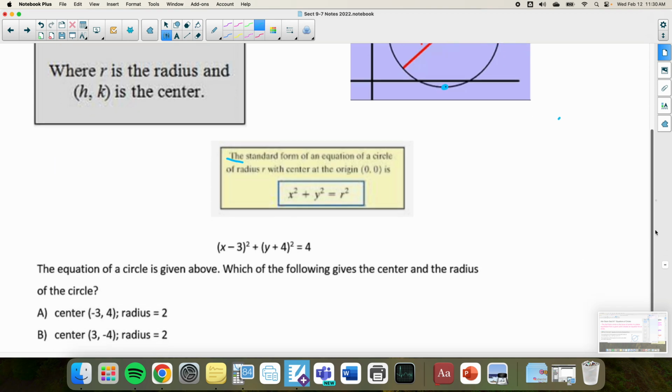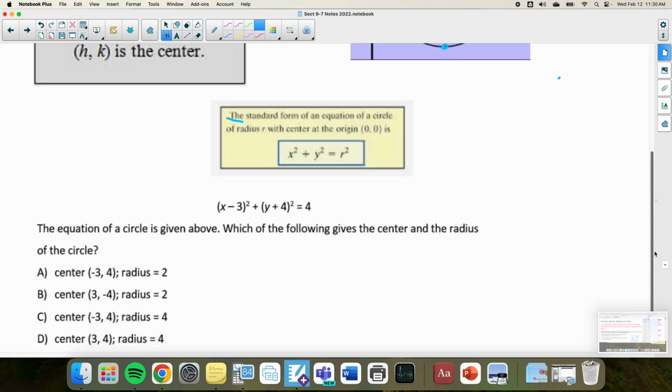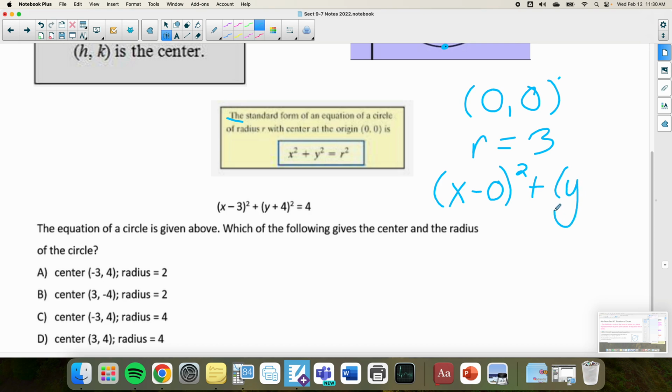Alright, now, sometimes what's going to happen is they're going to give you the center of a circle to be like 0, 0, and then they'll tell you what your radius is. When your center is 0, you do not have to do x minus 0 in parentheses squared plus y minus 0 in parentheses squared.